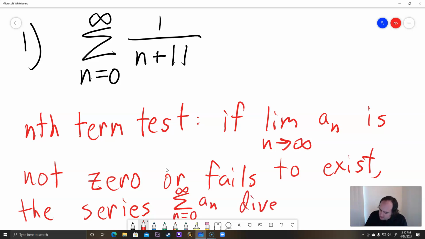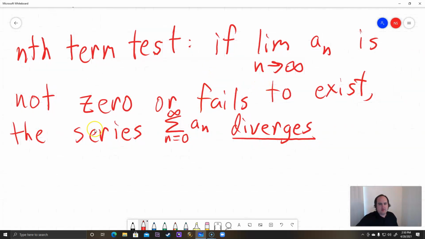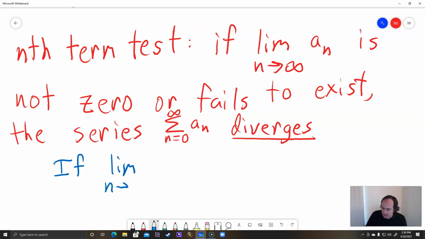That series diverges. But the weird thing about it is, you would think if the limit is not 0 or fails to exist, the series diverges, so if the limit was 0, you would think that it would converge. But that's not actually true. If the limit as n goes to infinity of a sub n equals 0, you would think the series would converge, but it actually doesn't tell you anything.